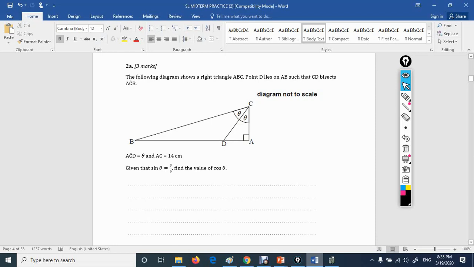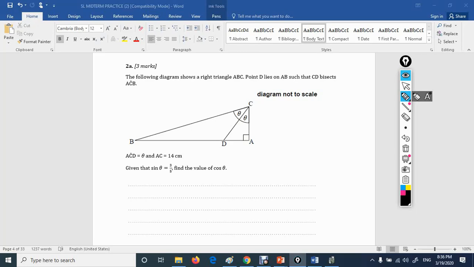Very well, so now we're going to work on question 2A. So the first thing I'm going to do is go get my marker set up, and here we go. And let's read the question. The following diagram shows a right triangle, ABC, point D lies on AB such that CD bisects angle ACB. So this is bisected.